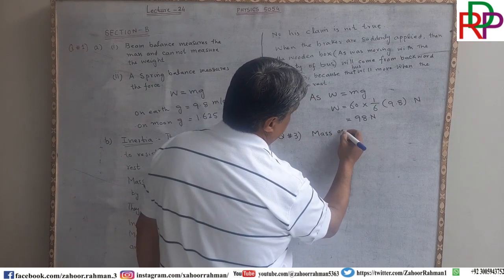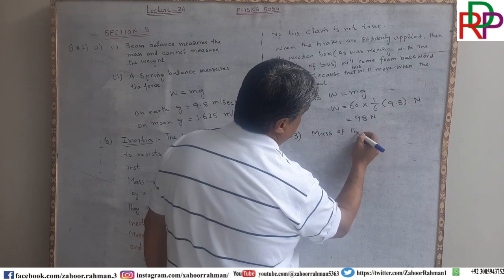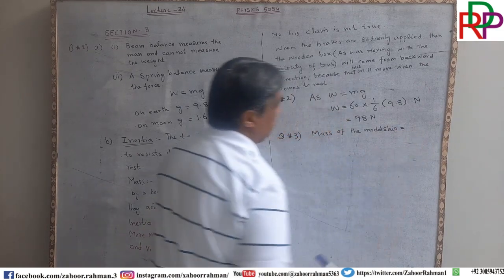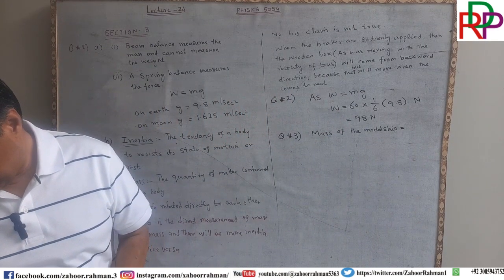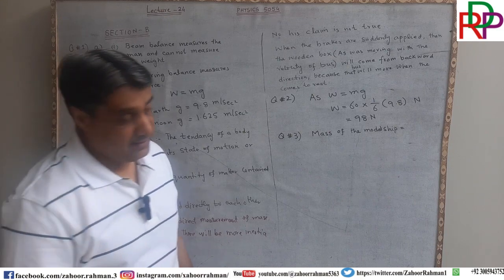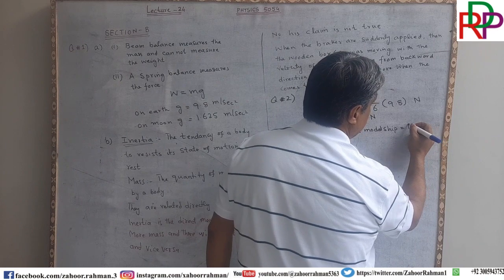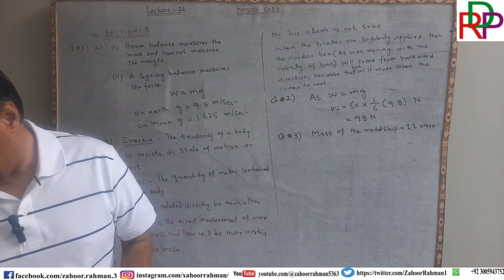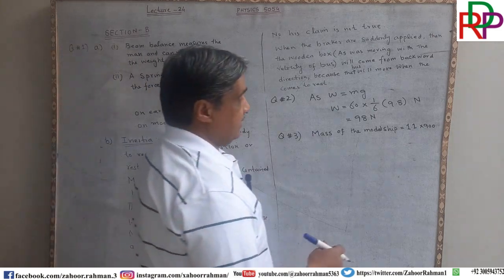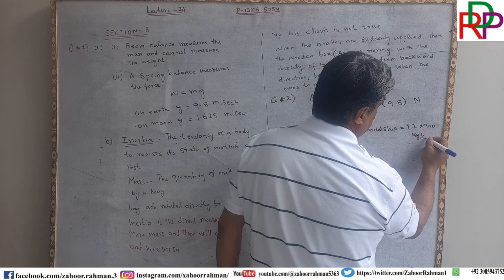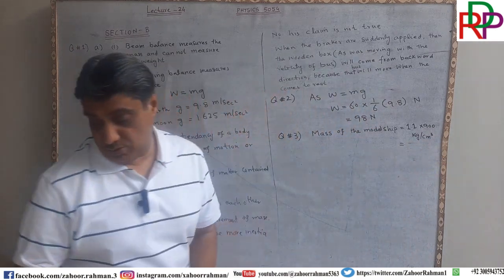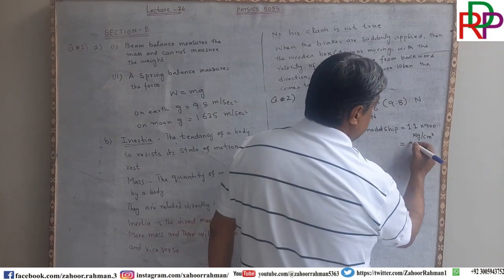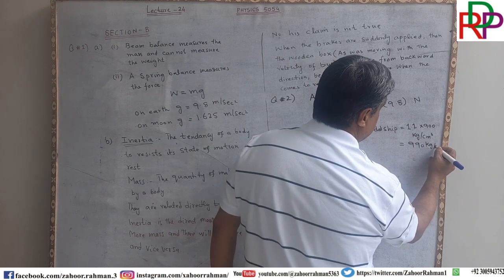Mass of the model ship made by that boy is 1.1 into 900 kilogram per centimeter cube, which is equal to 990 kilogram per centimeter cube.